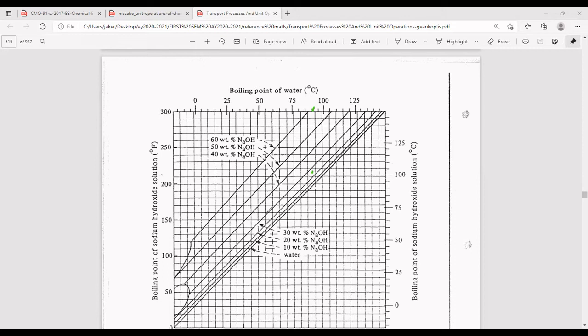This one is already 30, so 22 is a little bit below. Then read here the BP. BP2, this is already the BP of your solution 2. If this is 100 and this is 105, it's around 103. Anyway, you're estimating everything, so 103.